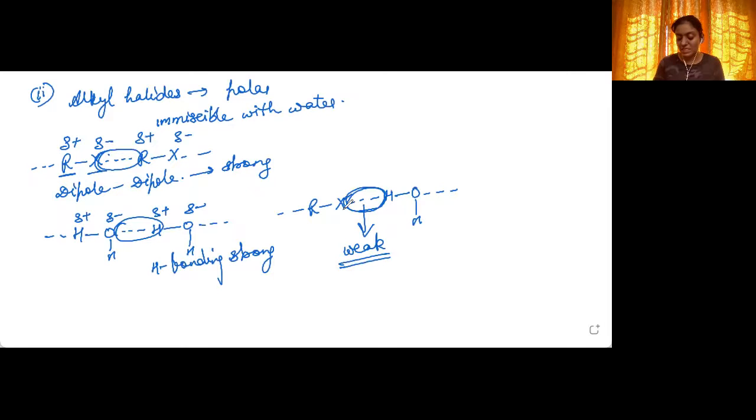The energy released when this weak interaction is formed is very small as compared to the energy required to break the stronger interactions. So it is immiscible. Hope this is clear. Whenever we mix two things, the final interactions need to be stronger than the previous ones. Only then it will be miscible.